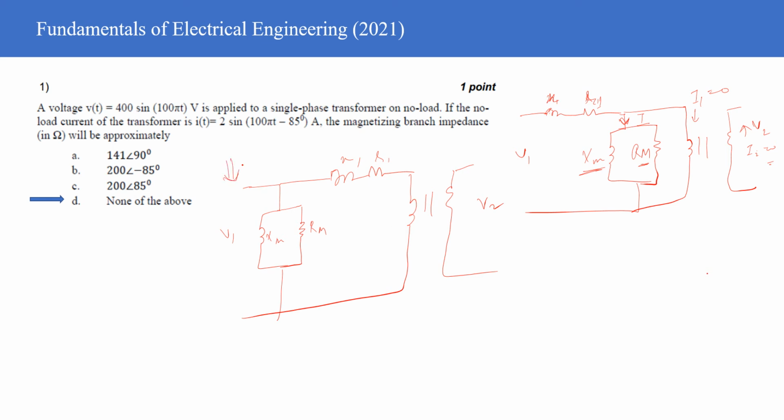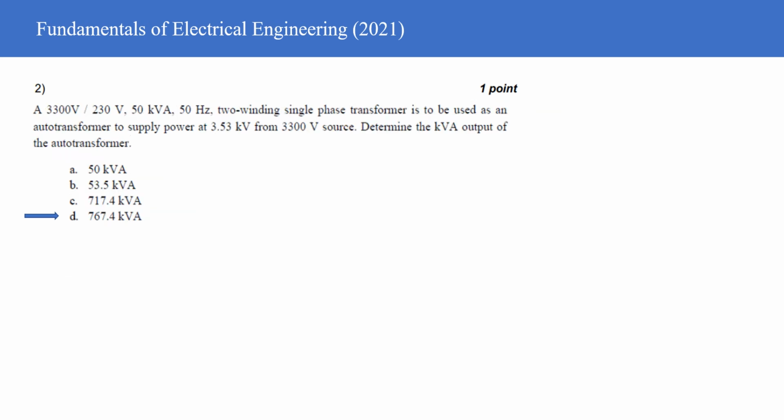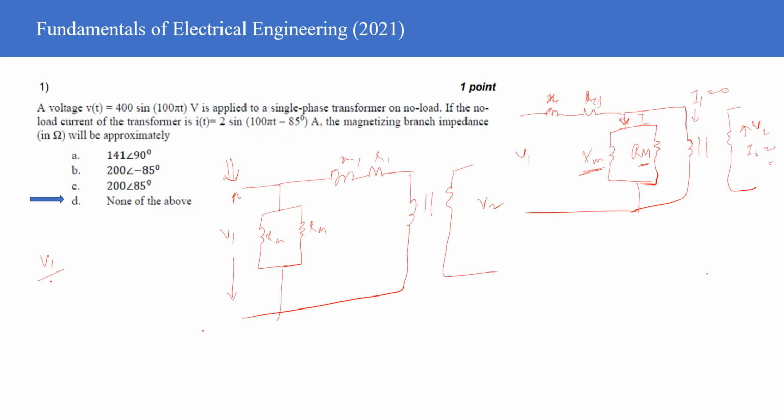Now, if you have this particular configuration, the voltage V1 by I is given to you, or it's not given to you, but then you can always find the value of V1 by I.